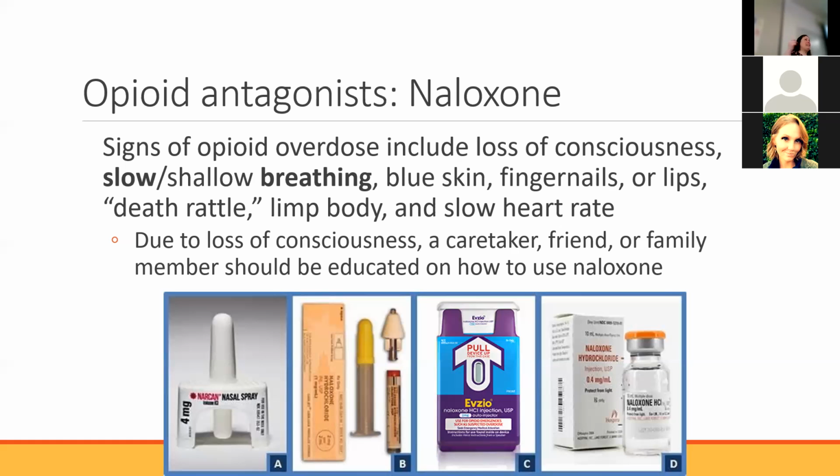It is technically a prescription, but the state Surgeon General wrote a prescription for anybody that pharmacists can fill. So a lot of pharmacists will say something if there's a new prescription, especially if it's a high dose or for chronic use. Patients can also request it. Family members can request it. You don't have to have an opioid prescription yourself in order to get a naloxone prescription filled.